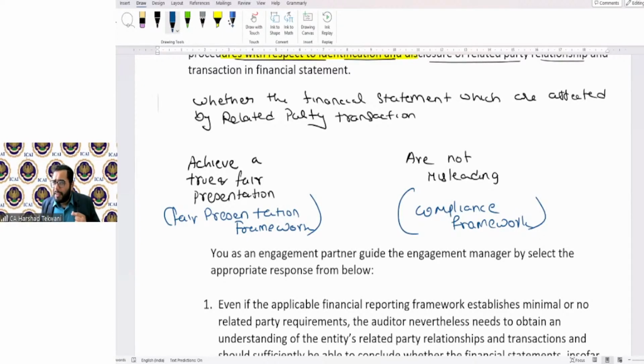And when I talk about the fair presentation framework related to related party transactions or relationships, it means that the entity achieves a true and fair presentation of its financial statements.